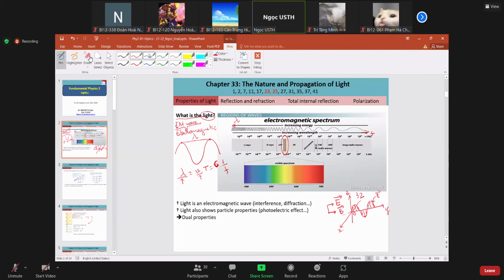The second component is the magnetic field. If I plot it like this, it should be in the x-o-y plane. So here is the B field, and you see that the magnitude of the B field at any position is different.